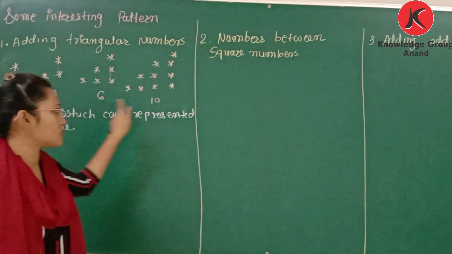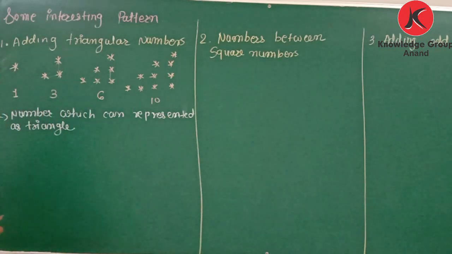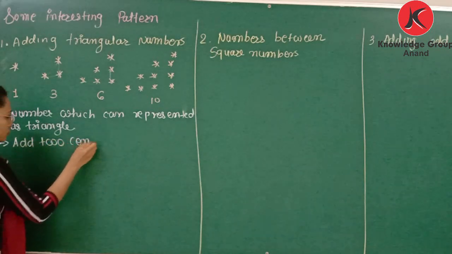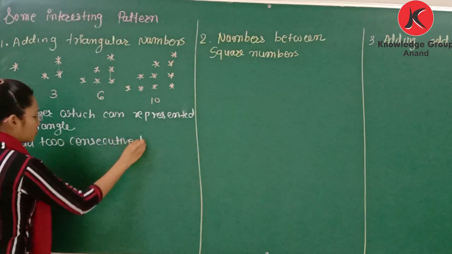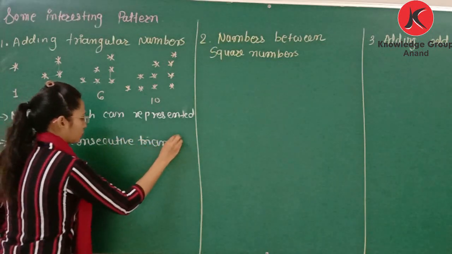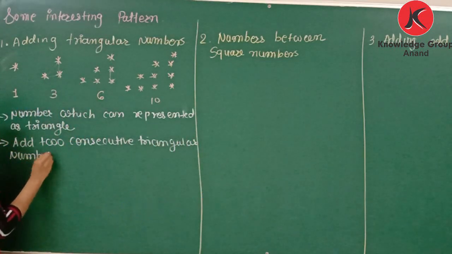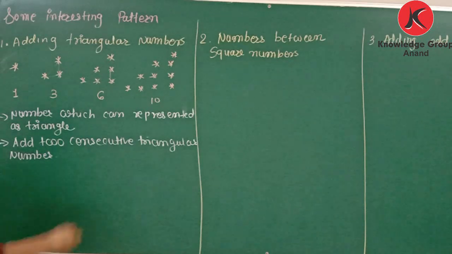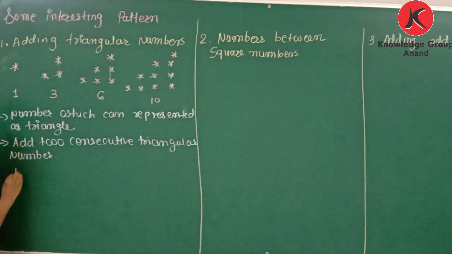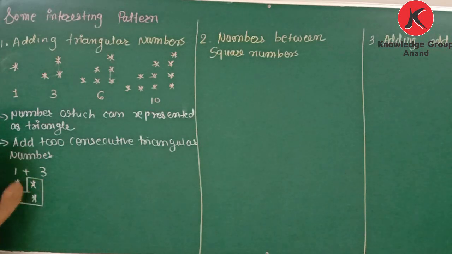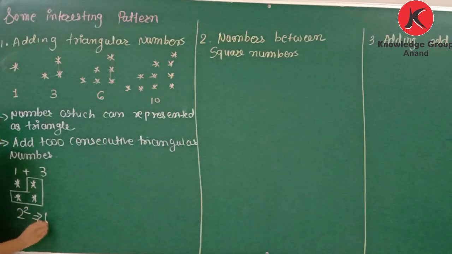Now we have 1, 3, 6 and 10. If we add two consecutive triangular numbers, means if we add 1 and 3, so that can be represented as, this is the pattern for 3 and this is pattern for 1, and then this is what? 2 square, that is 4.